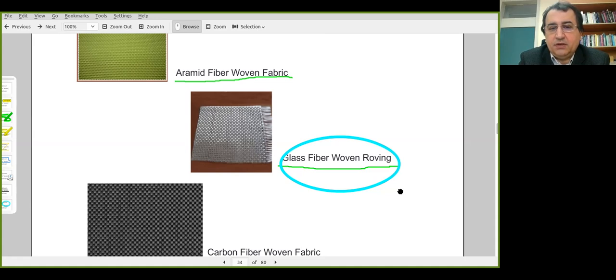But the liquid reinforcement mixture, of course, needs to be solidified by means of heating and pressure application. These are the details of processing techniques, and we will talk about them in more detail.